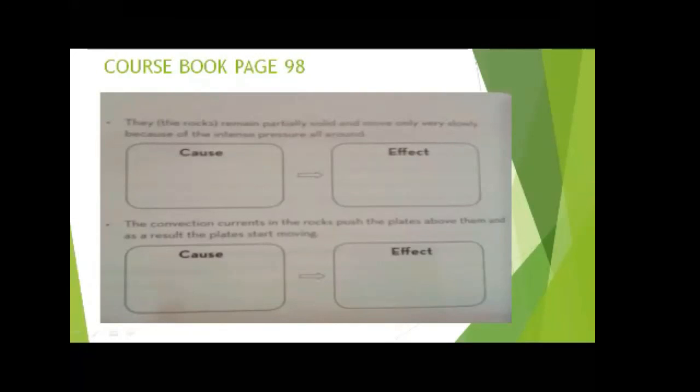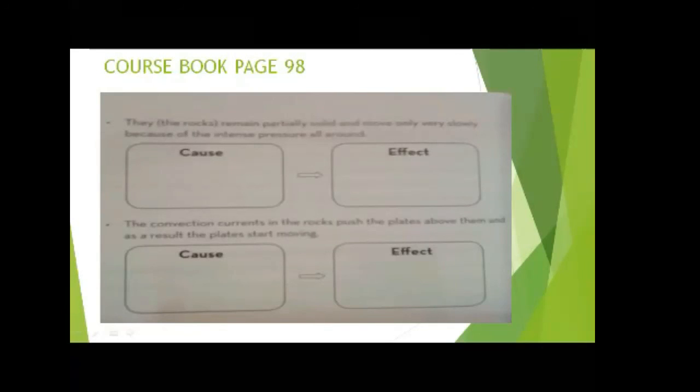The convection currents in the rocks push the plates above them, and as a result the plates start moving. So what happens when the convection currents in the rock push the plates above them? The plates start moving. And why do the plates start moving?